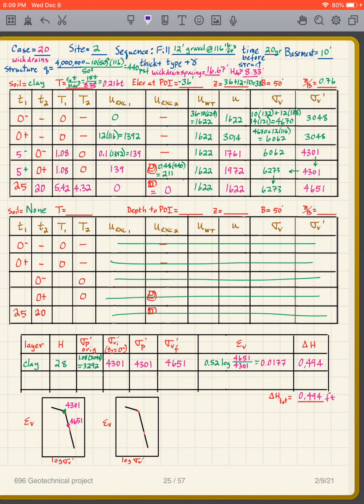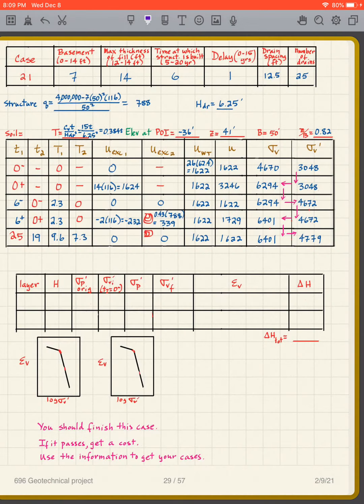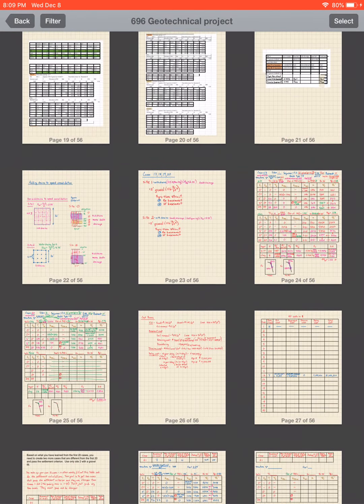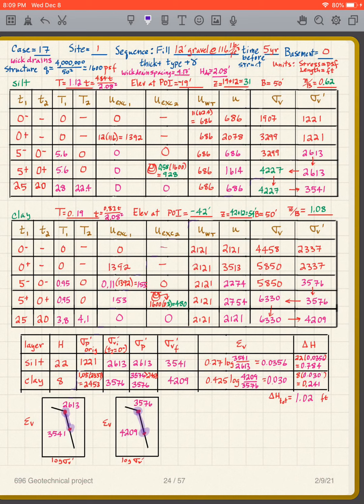So, oops, this is case 20. Case 21. So, hold on a sec. No, I wanted case 17. There we go. Okay, so those are 0, those are 0.